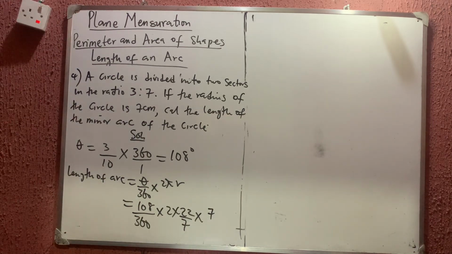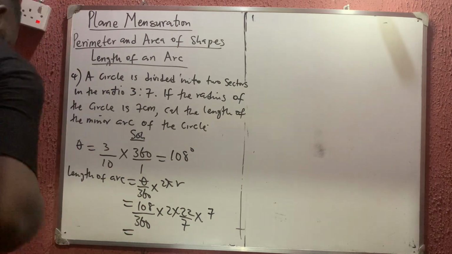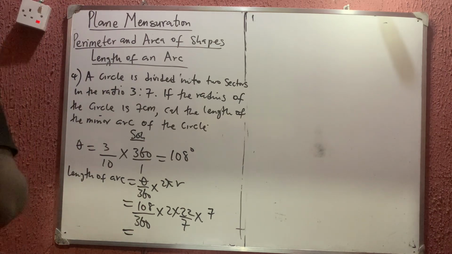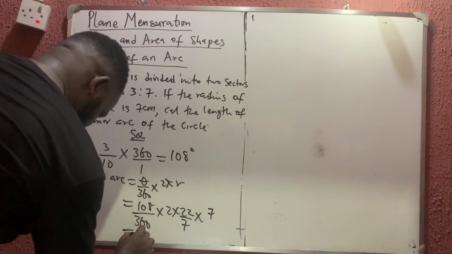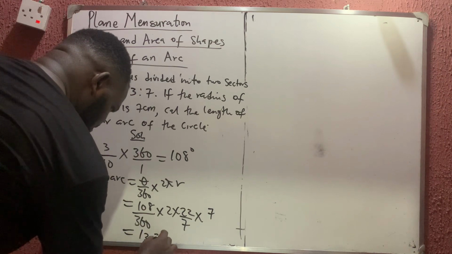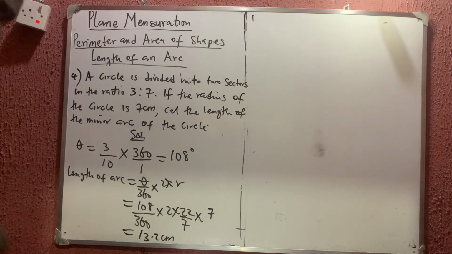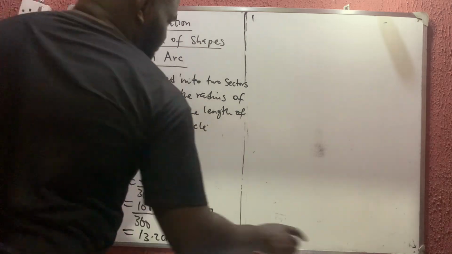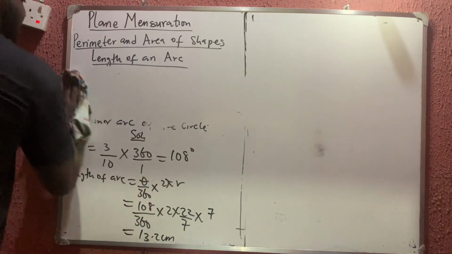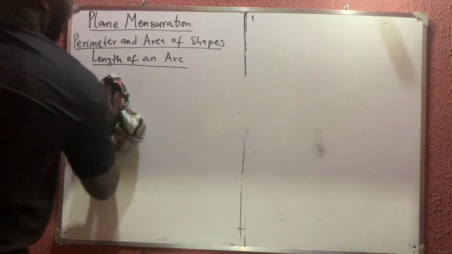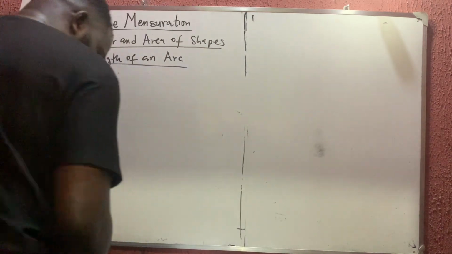So this will now give us 108 times 44 divided by 360. So I have 13.2 cm. Okay, so we move to the next question, question number 5. See, all these things are very, very simple. All you need to do is to apply your common sense.